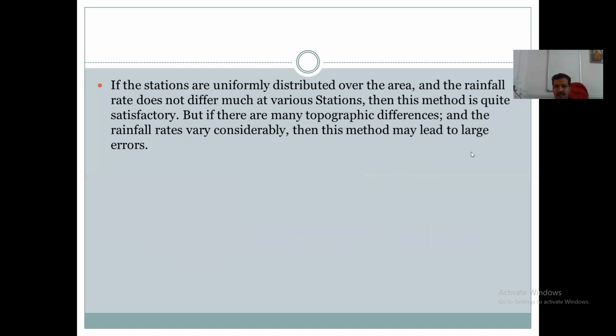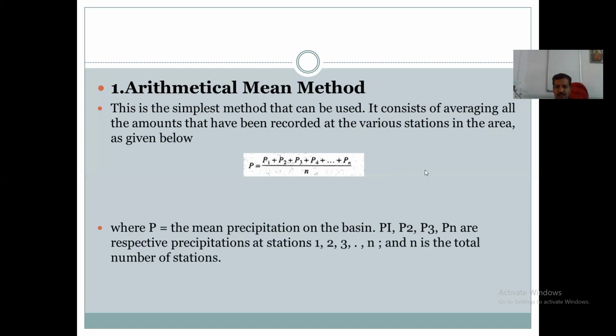The average of all these precipitations is taken at each rain gauge station. The rainfall record that is observed by the observer at the rain gauge stations is recorded at each station, and the average of this precipitation may be calculated in centimeters or mm.